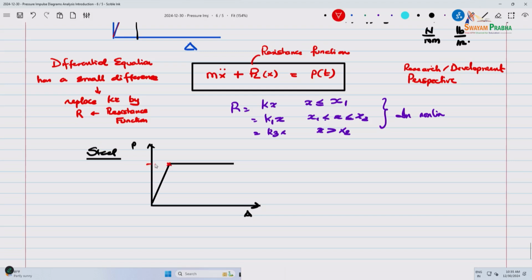Here you have P naught and this is K, and here you see that K2 is 0. You can input anything you want, a low value, 10% or 5% of K. You can try different small values to check for sensitivity.